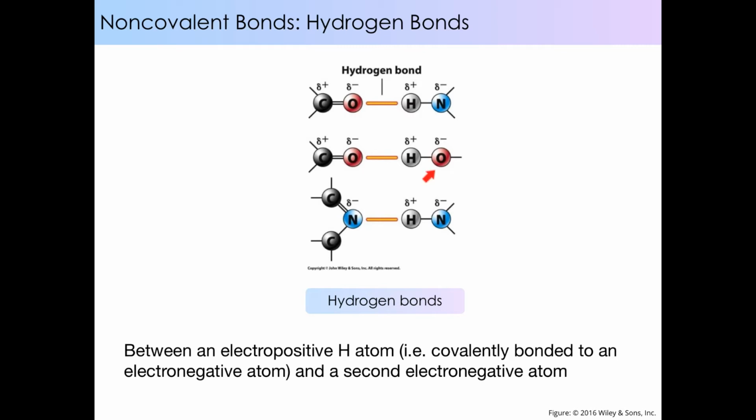Hydroxyl groups have an oxygen that is covalently bonded to a hydrogen. And the hydrogen has a partial positive charge since it is bonded to an oxygen which is highly electronegative. This electropositive hydrogen can form a hydrogen bond with a second electronegative atom such that the hydrogen is essentially shared between the two electronegative atoms.